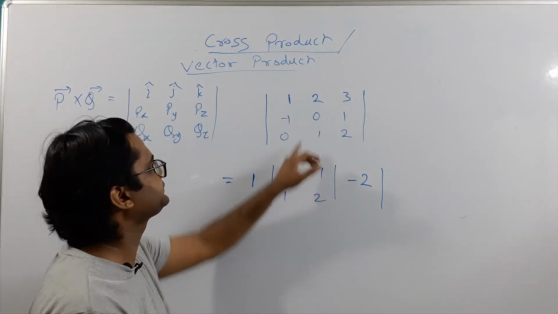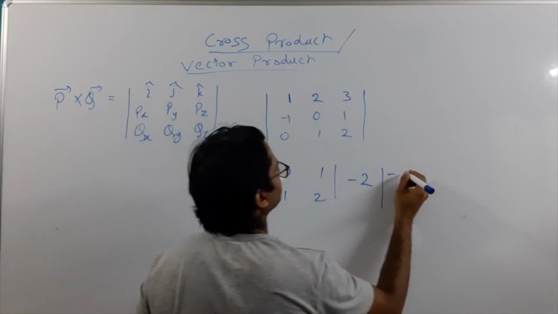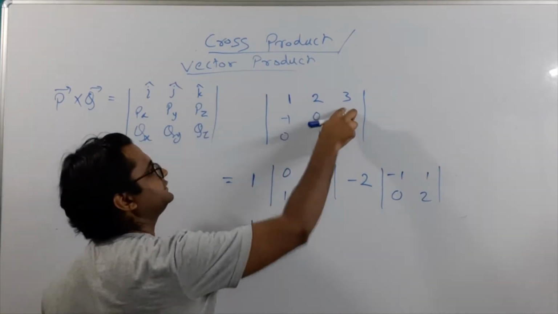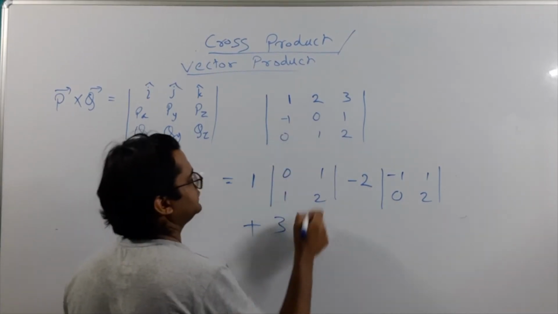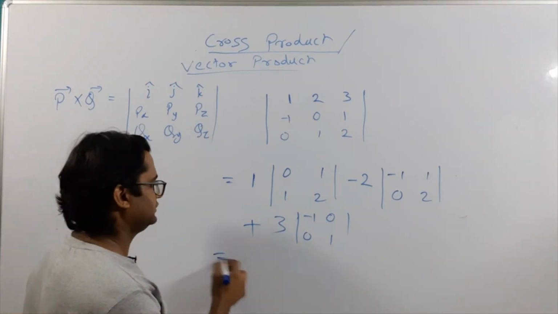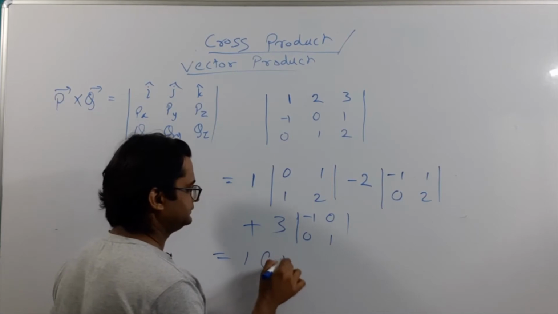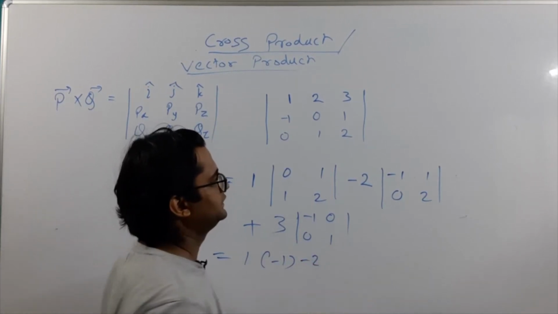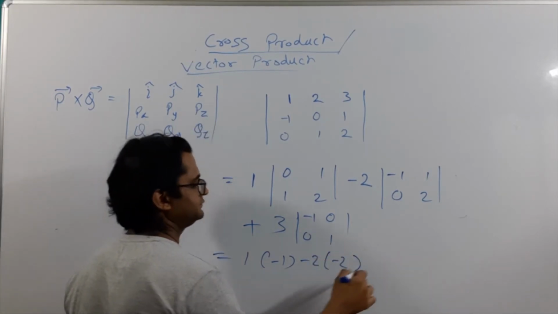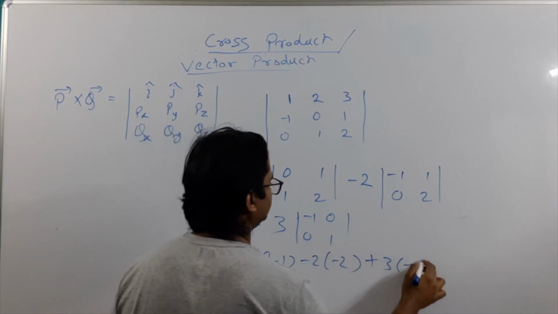Then again, what is left is -1 1 0 2, and then this last one, 3 into this will be -1 0 0 and 1. Now let me solve it fast. So this will be 0 minus 1, this will be -2 minus 0 plus 3 minus 1 minus 0.